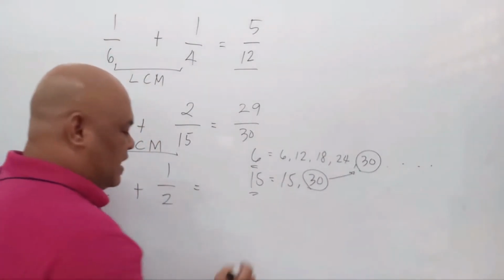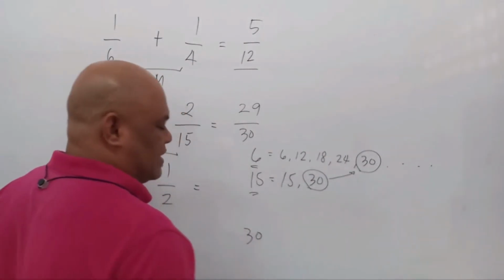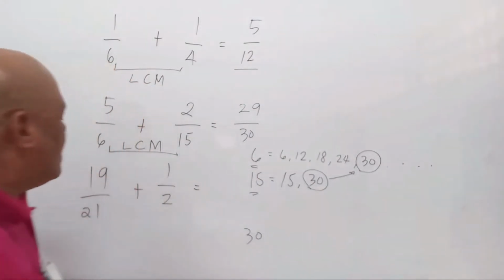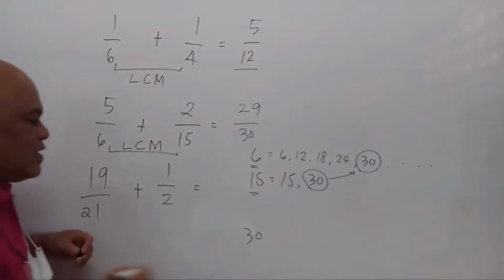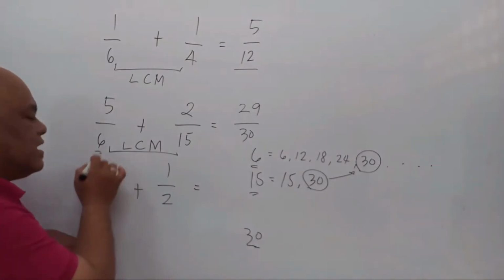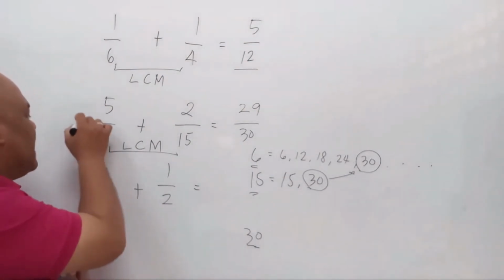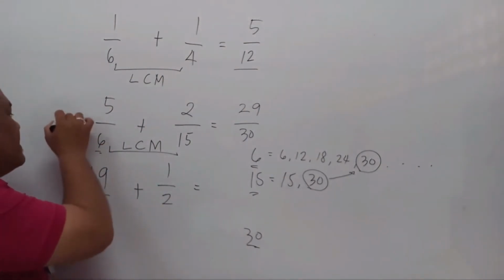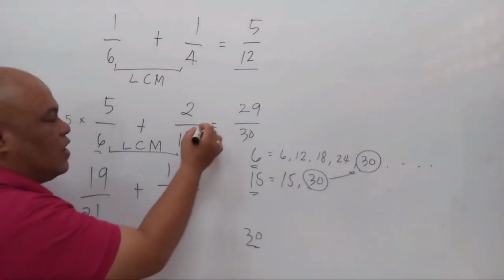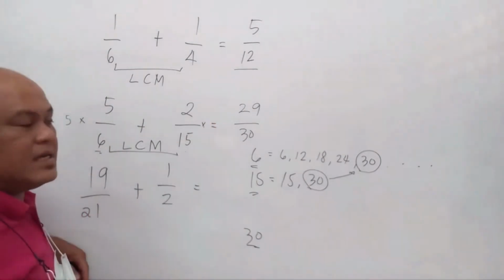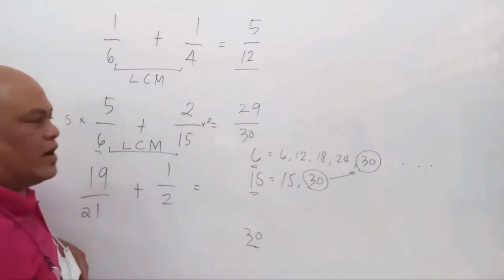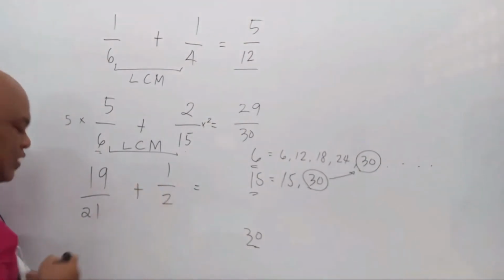And that is 30. So now, how can you get 30 in 6? You have to multiply by 5. How about 15? You have to multiply by 2, to get the 30.